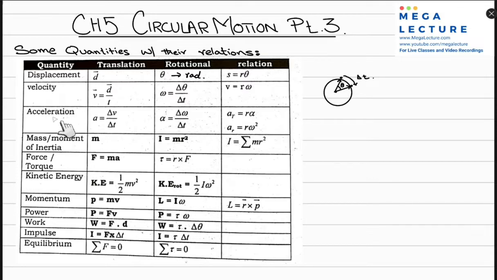Then we have acceleration, and the translational acceleration is simply defined as the change in the translational velocity, or the tangential velocity for that matter, divided by the time it takes for this change in velocity to happen. The rotational analog is the angular acceleration, which is represented with this alpha, and that is simply the change in angular velocity divided by the time it takes to change the angular velocity from one value to another.